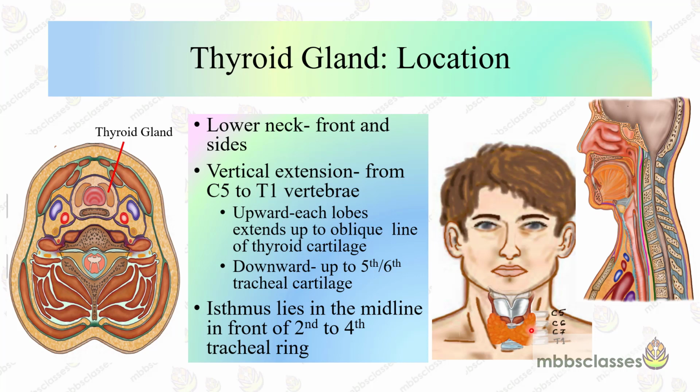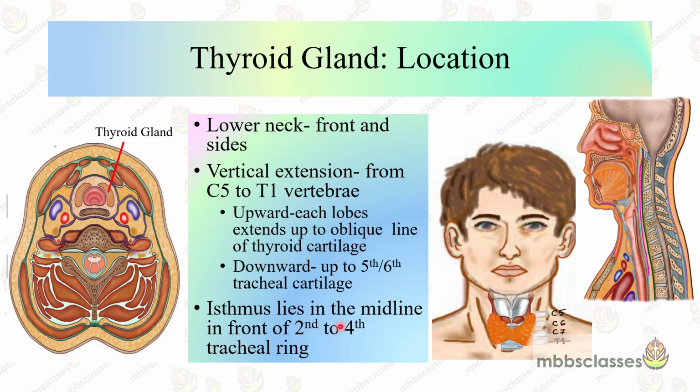Each lobe extends upward slightly oblique to the thyroid cartilage, and downward it extends up to the fifth or sixth tracheal cartilage. So again, I am repeating, the vertical extension is from the fifth cervical vertebra up to the first thoracic vertebra, or from the thyroid cartilage to the fifth or sixth tracheal cartilage.